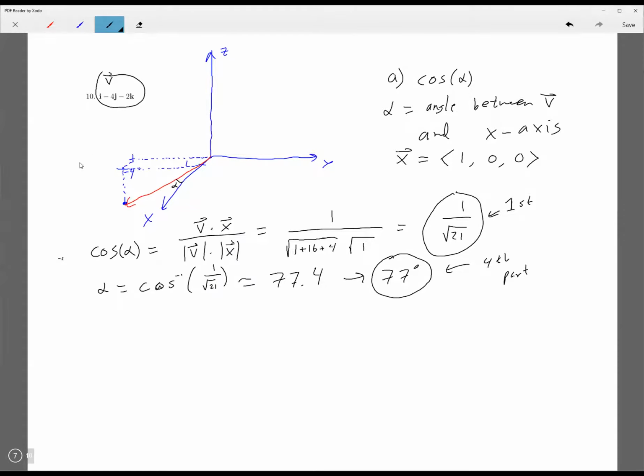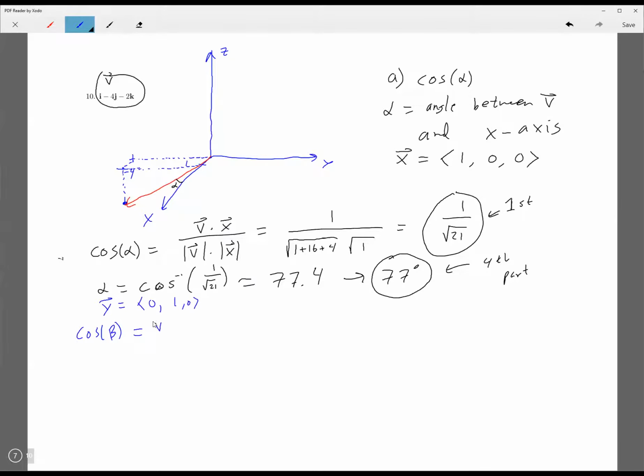Yeah, and so now for beta, cosine of beta. We're going to use y, which is going to be 0, 1, 0.